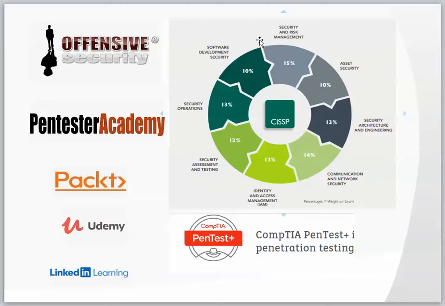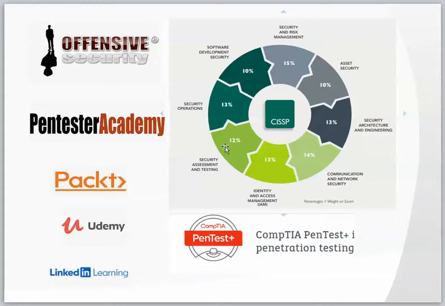You have security and risk management, asset security, security architecture and engineering, communication and network security, identity and access management, and security assessment and testing, which is pen testing and also falls in this area, and also offensive security, not to mention the other courses.